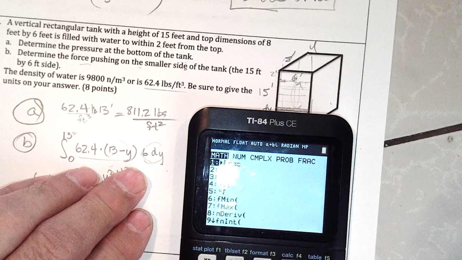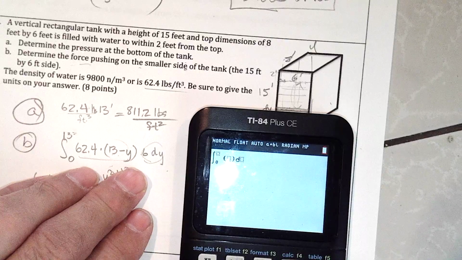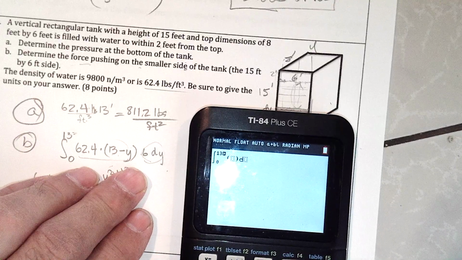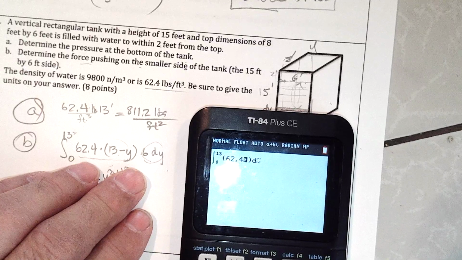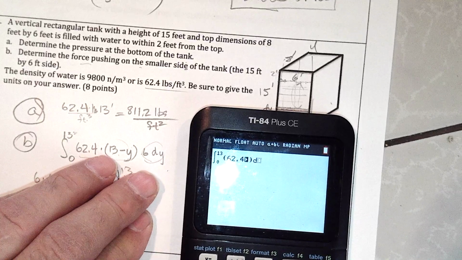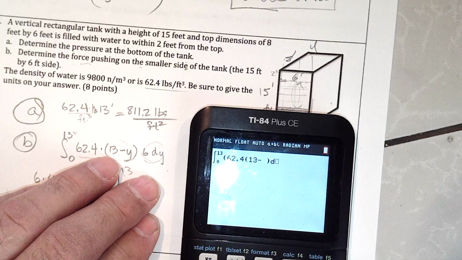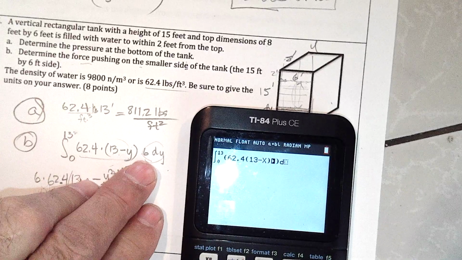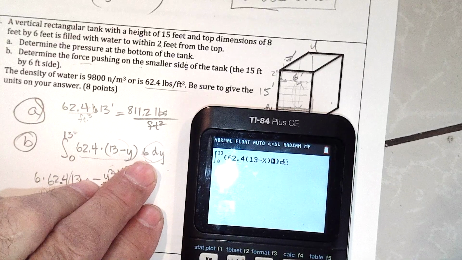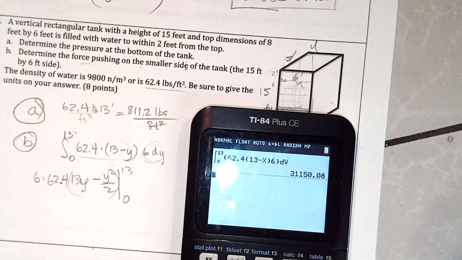which is math 9, 0, 13, 62.4 parentheses 13 minus x and 6 and x, and you get 311.50.